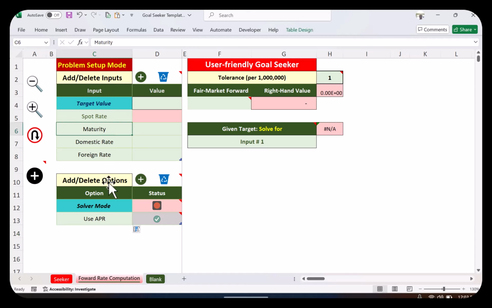And if I'm using APR, this maturity is going to be, if this is equal to 1, days, otherwise years. Okay.